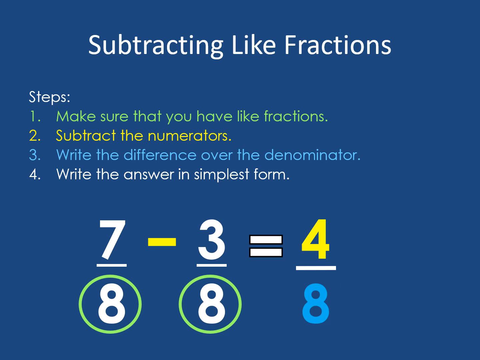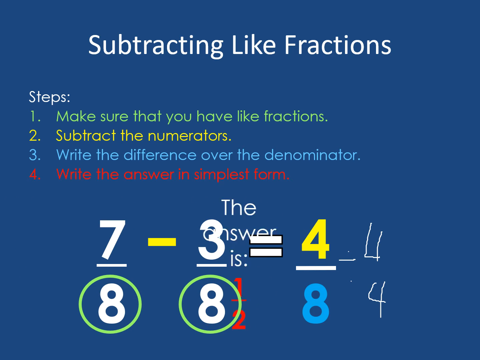So the number that you can divide by is what? Of course 4. So 4 divided by 4 is equal to 1, and 8 divided by 4 is equal to 2. So your answer is 1/2. So children, I hope that you understand. Do not be confused about subtracting like fractions, because you only copy the denominator if it is the same.